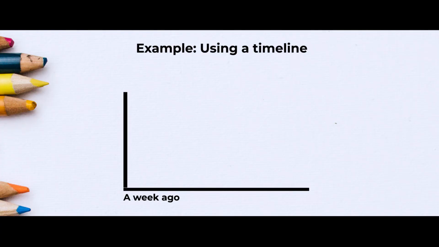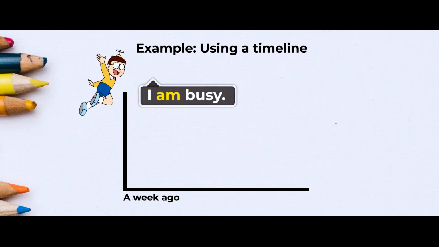To make the concept of indirect speech clearer, let us take an example using a timeline. So look at the timeline here. A few weeks ago, Nobita said, "I'm busy." And that happened in the past.